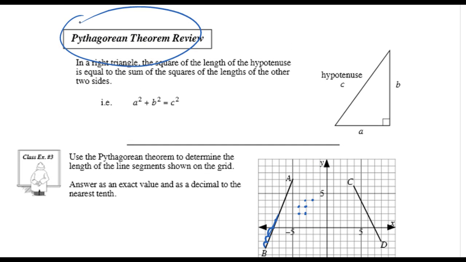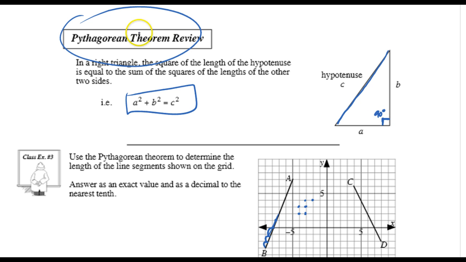Pythagorean theorem, which we all recall is a squared plus b squared equals c squared. But let's review what a, b, and c are. This only works if you have a right triangle, which means a triangle with a 90-degree angle. The long side, called the hypotenuse, is opposite that 90-degree angle.